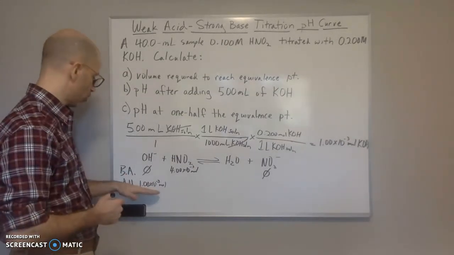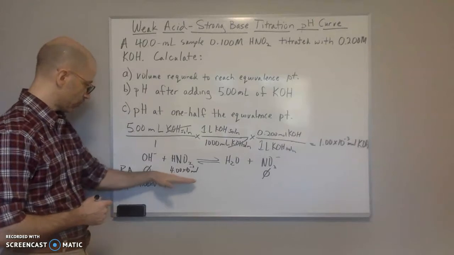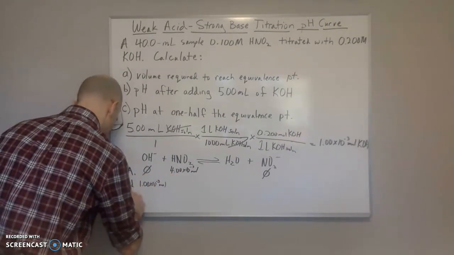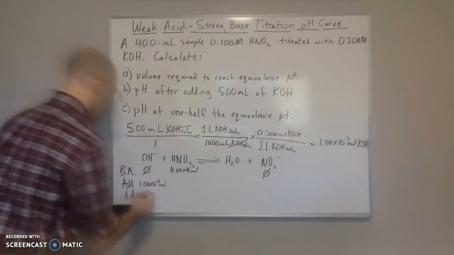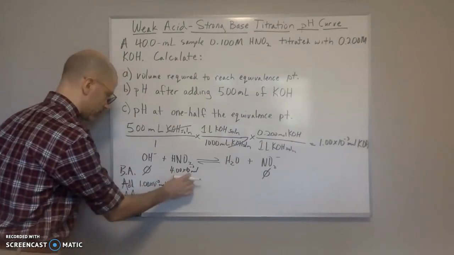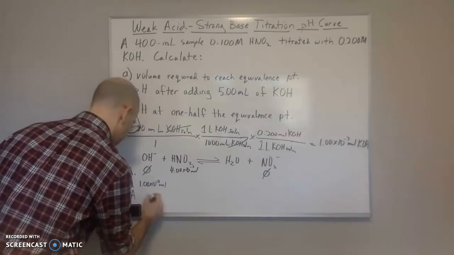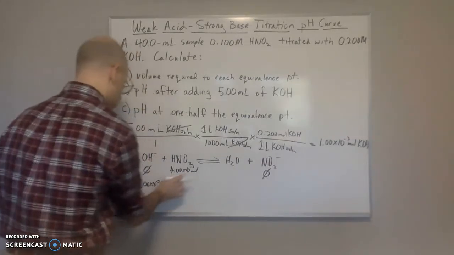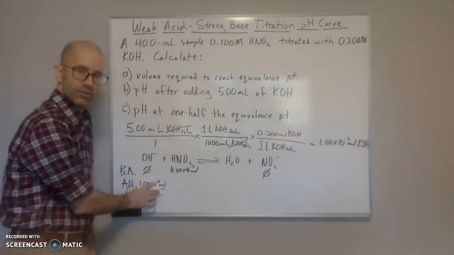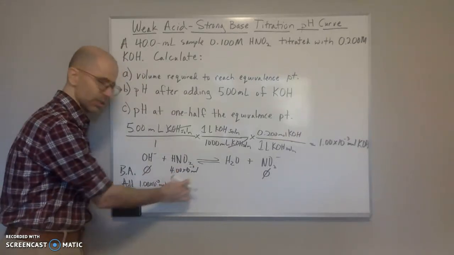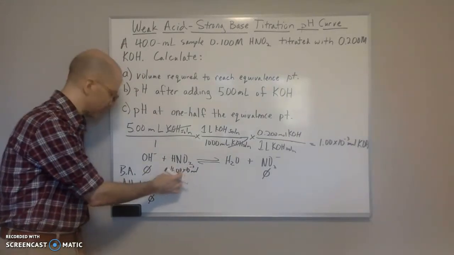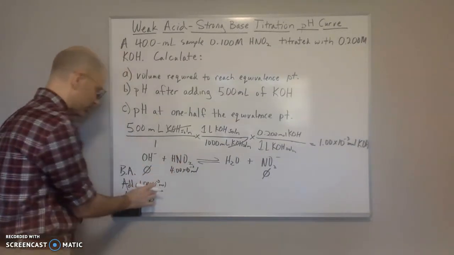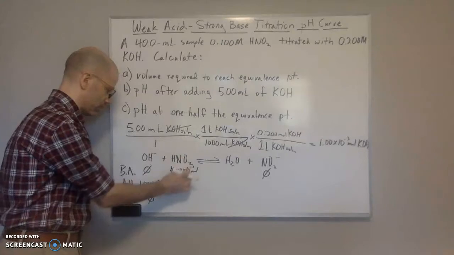After adding, all of the OH minus is going to react, so that becomes 0. We subtract this amount from the HNO2 because this amount of OH minus is reacting completely with the same amount of HNO2, so 1.00 times 10 to the negative 3 moles has to be subtracted.